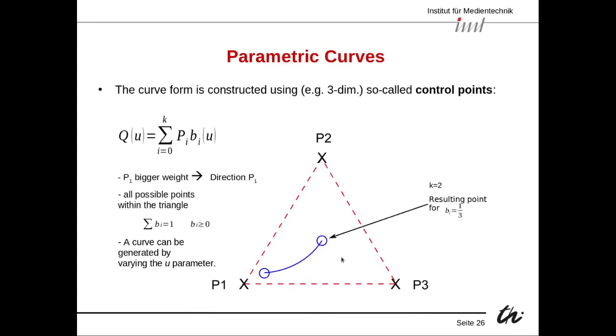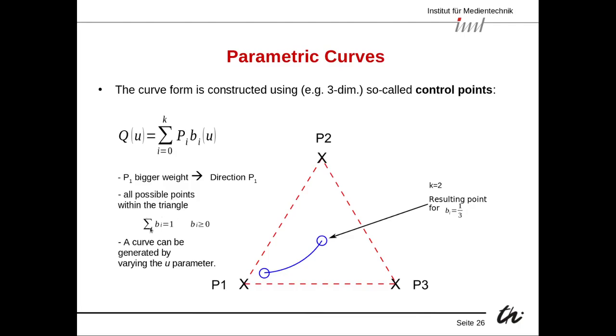So that can be seen here in the next picture. Here we have, for instance, 3 control points, P1, P2, P3. In this example, it's 2-dimensional, we have x and y coordinates. Then we can compute a curve in 2D by using this sum here. In this case, the sum starts at 1 and goes up to 3, so it contains 3 of those polynomials.